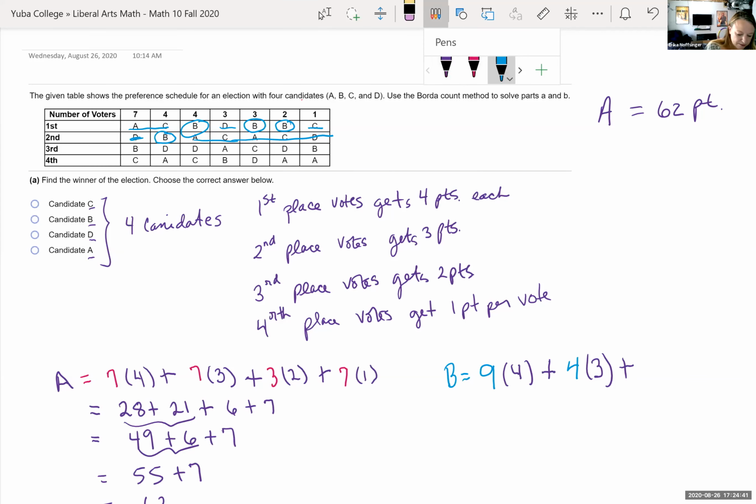We have 7 people here and 1 person here. And so 8 people ranked candidate B as their third choice, and that one is worth 2 points.